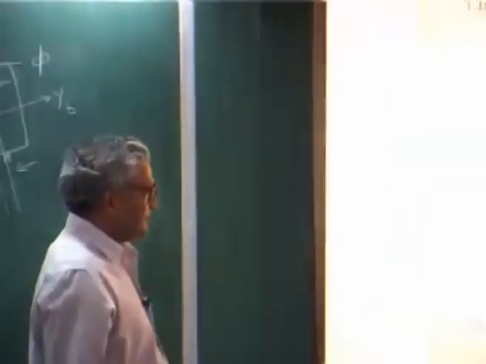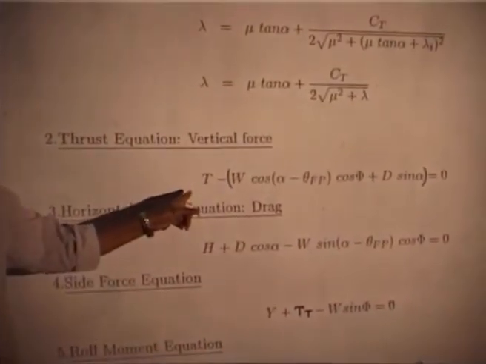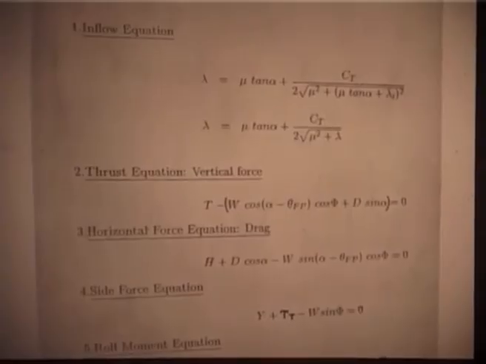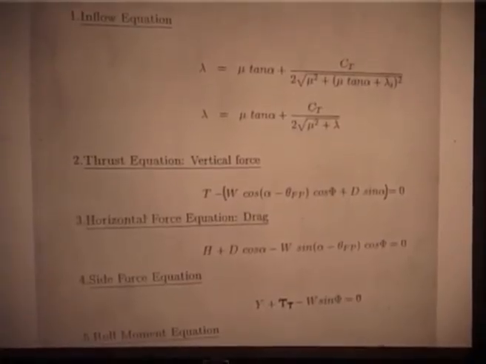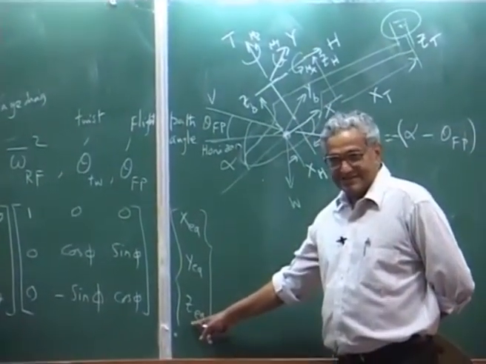That is why weight is acting here in the earth system. You put minus W, because this is acting in the negative z direction.